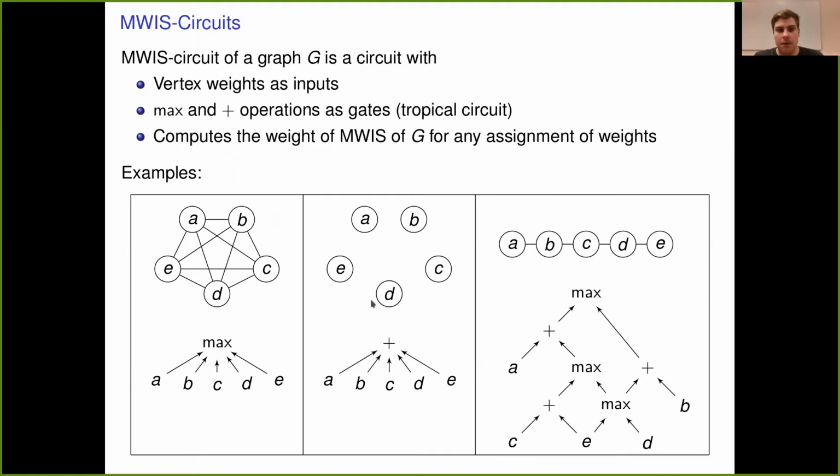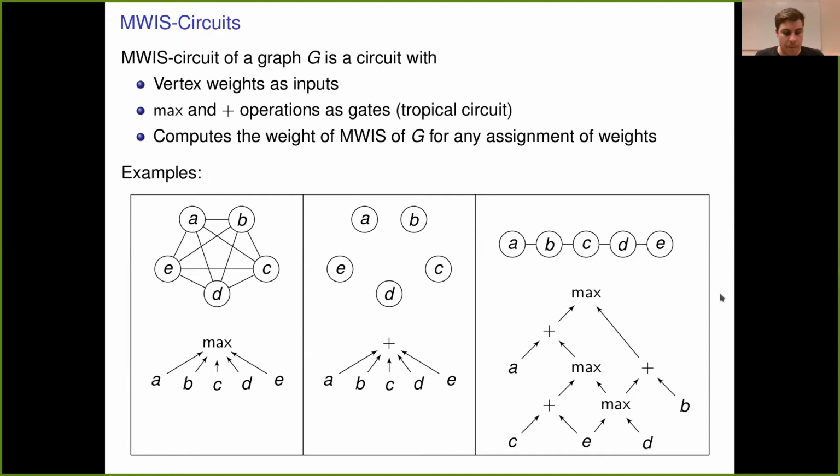And if you have a graph without any edges, then we can always take the independent set that consists of all vertices, so we can just sum up all the weights. The third example is a bit more complicated, but what happens here is we just do dynamic programming from the vertex E towards the vertex A.